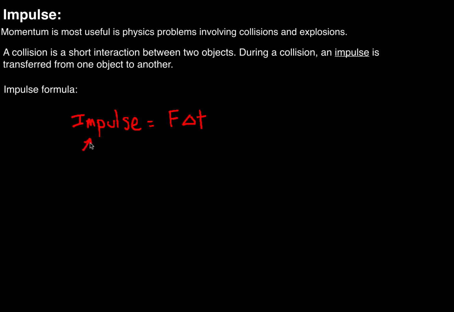The unit for impulse comes from the formula. Force times time gives you newtons times seconds. Force is in newtons, and time is in seconds. Now, delta notation is something you should be familiar with from Physics 20. Delta means change in.